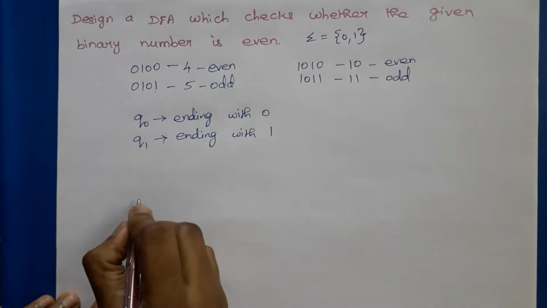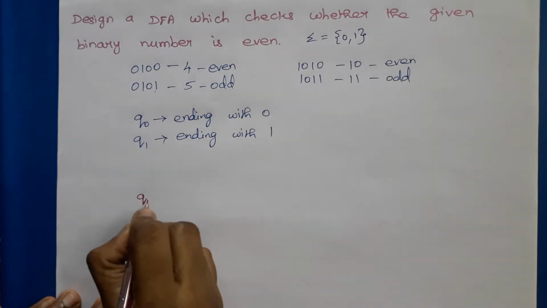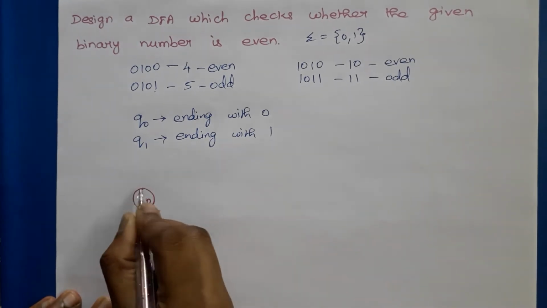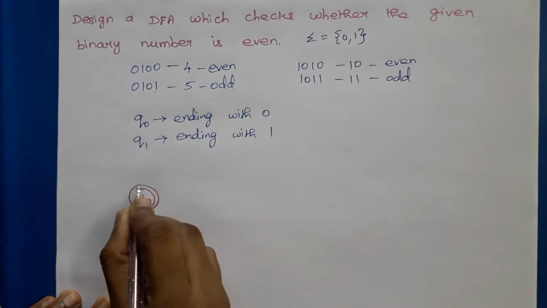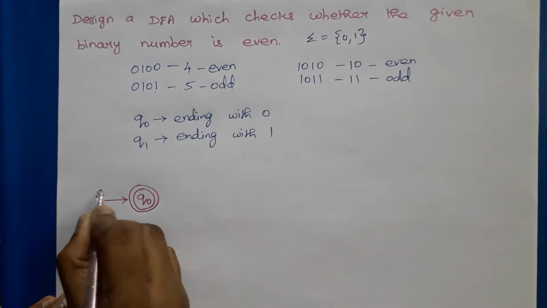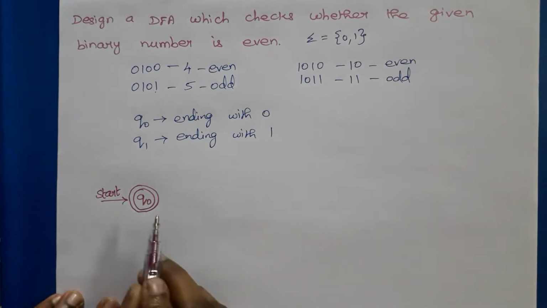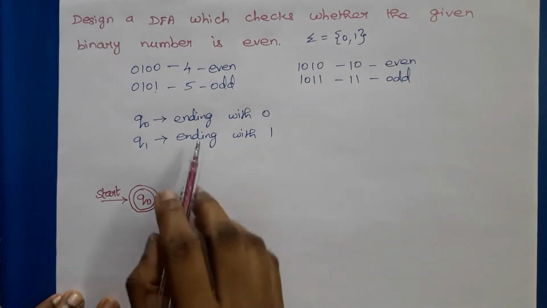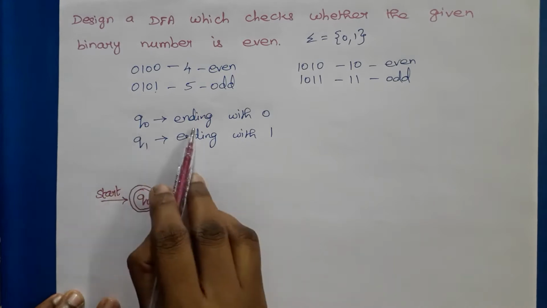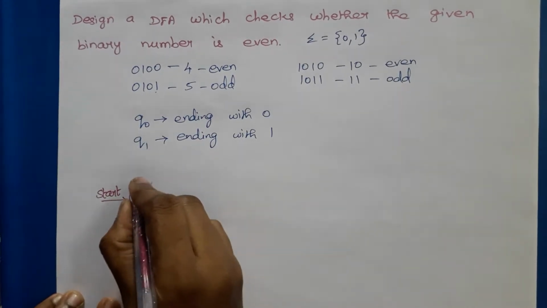Now we will construct the DFA diagram, the transition diagram. Q naught is the start state as well as the final state. In Q naught, if 0 is the next input, then it should remain in the same state, right? Because the string ends with 0.